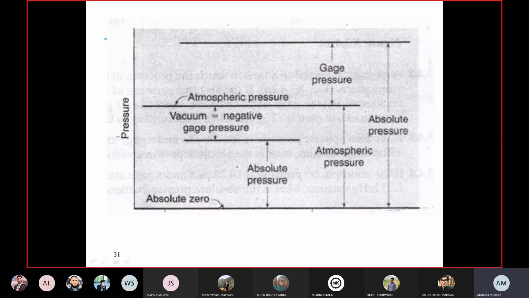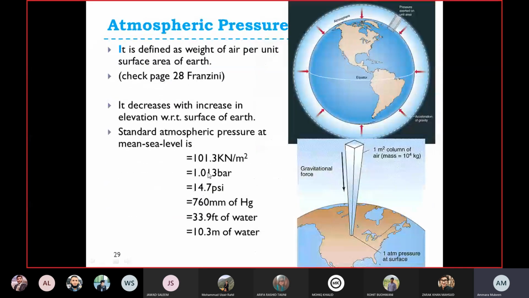Okay, and so we measure atmospheric pressure with reference to absolute zero. So we would always have the absolute value of pressure of the atmosphere.